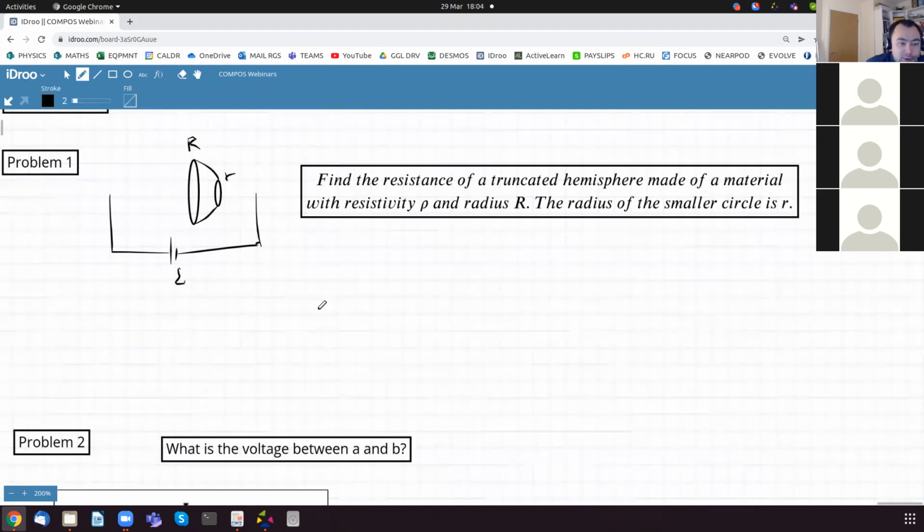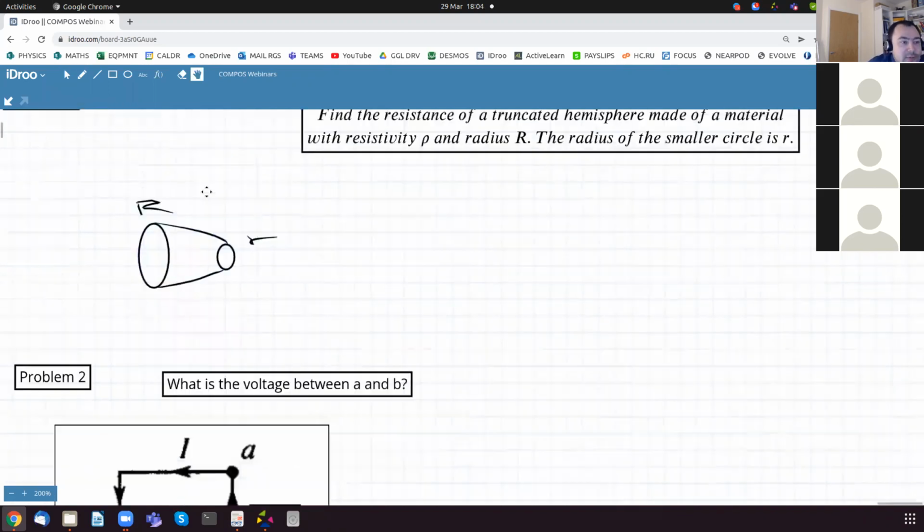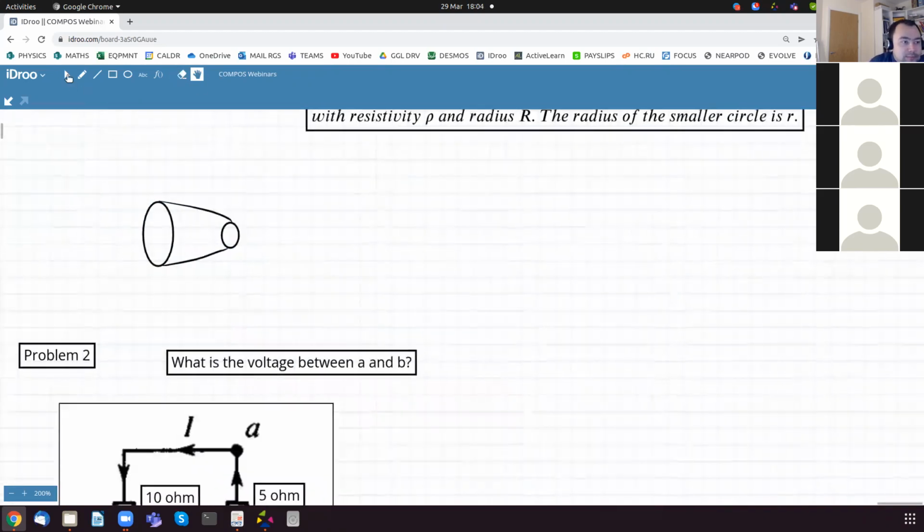So what I'm going to do, first of all, I'm just going to get rid of the unnecessary stuff. And I'm just going to stretch it just for the sake of it, because the picture is... yeah. So I'm going to delete that. So I'm looking at it from the side.